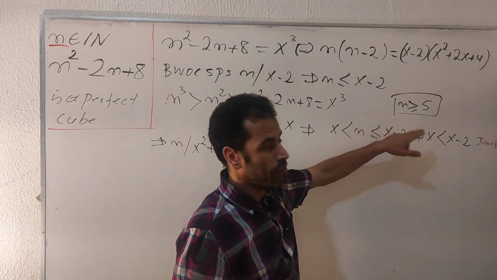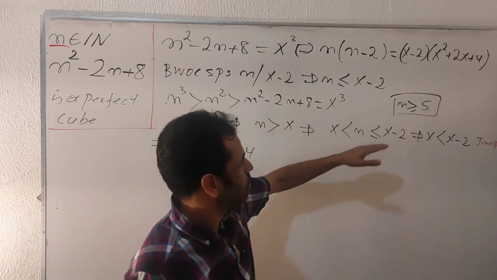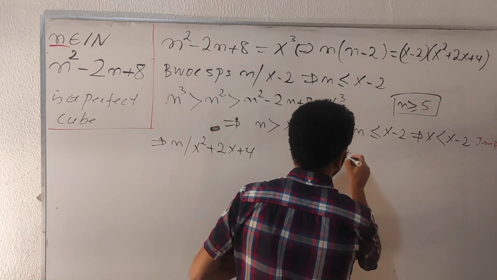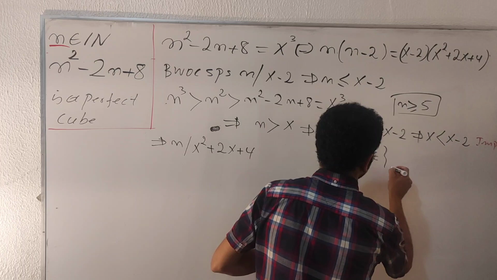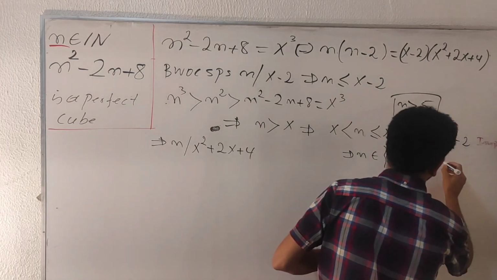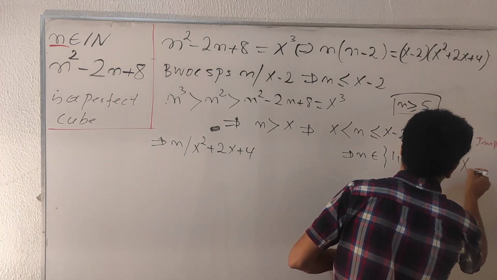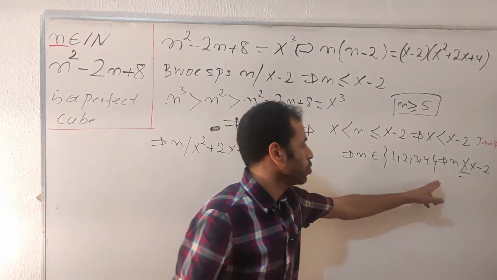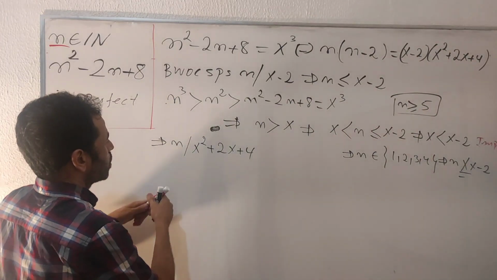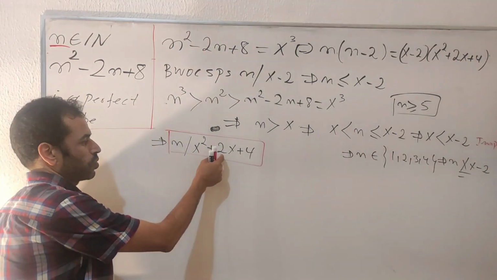I'm not going to do that because I want to save time, so I leave it to you. Then finally you get that n must divide this one. Now this is our start. We are going to start from these essential points.